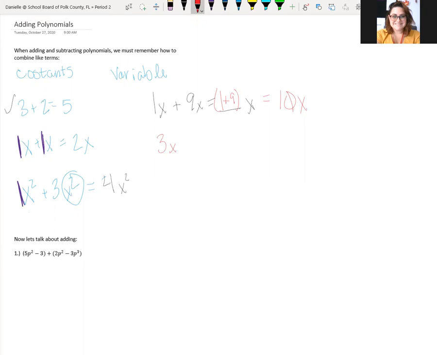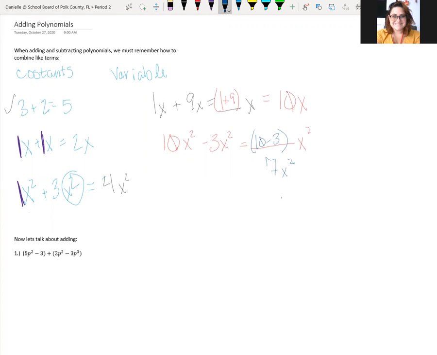So we could do 3x squared plus 10x squared, or we could change it. Let's actually change it to subtraction because I haven't done any subtraction yet. So let's do 10x squared minus 3x squared. That'll be something x squared, and that something is going to be 10 minus 3, which gives us 7x squared.